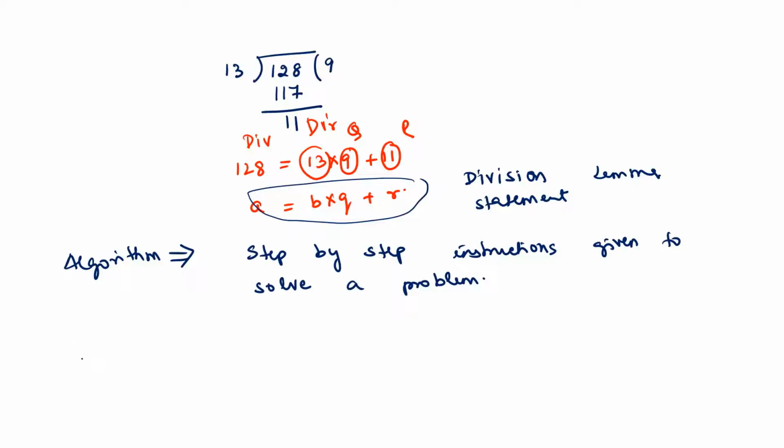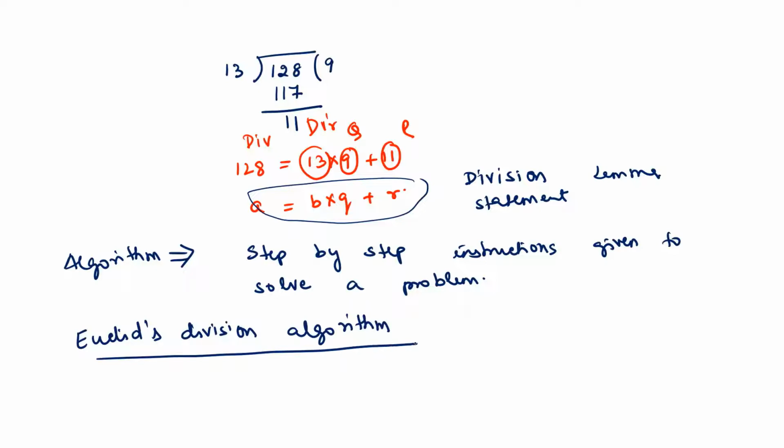Note down till here. Now we learn about Euclid's division algorithm. So Euclid's division lemma was a statement, and an algorithm is step-by-step instructions given to solve a problem.